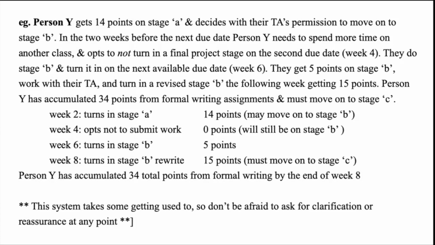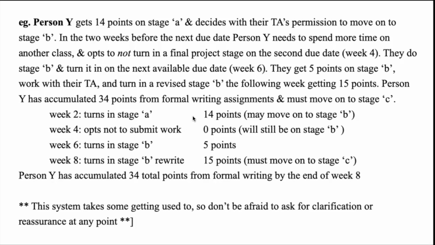They do stage B and turn it in the next available due date, which is week 6. They get 5 points on stage B, work with their TA, and turn in a revised stage B the following week, getting 15 points. Person Y has accumulated 34 points from formal writing assignments, and by the way, must move on to stage C because they got a 15.